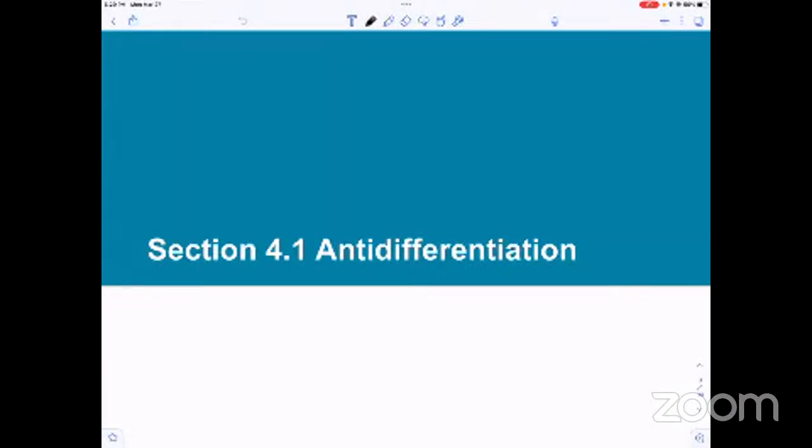Let's see if I can get this to work. Stop share. Let me give that a moment to process. Let's share the screen. Start the broadcast. Optimize the video.